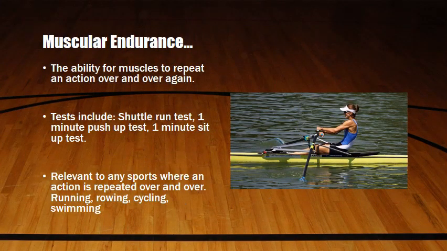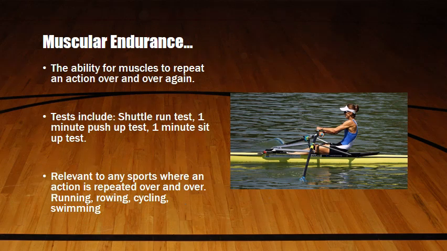Muscular endurance is how often that muscle can repeat. So you can see our rower here, she's just going to keep doing the same action over and over and over again. And we would like to think that she's got really good muscular endurance to be able to repeat this action over and over again.